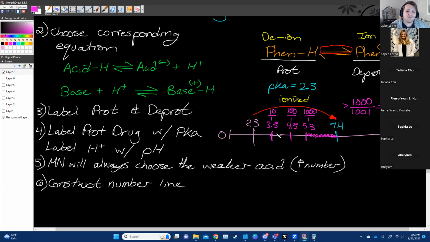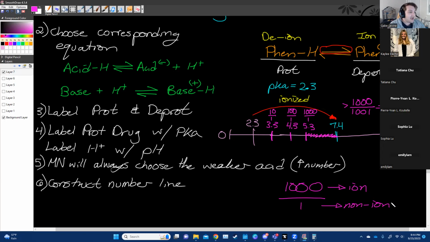Good question. We always go 3. We always talk about 3 positions because if I did a 4th position, it would be 10,000 over 1, which would be 99.999, which at that point you're basically saying 100%. The reason why we talk about 1,001 is because this 1,000 represents 1,000 ionized molecules for every 1 non-ionized.